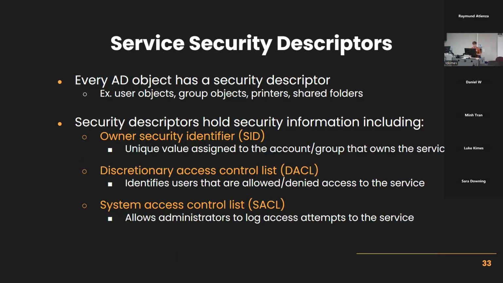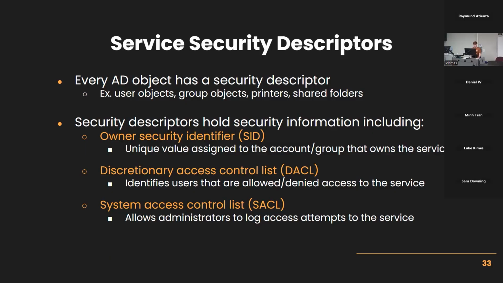So now we're going to talk a little bit about service security descriptors. This can get into pretty complex topics because the actual format of service security descriptors is really long and complicated. Windows has really granular controls for access to different Active Directory objects. But basically, every AD object has some sort of security descriptor, whether it's a user, a group, shared folder, printers, services.